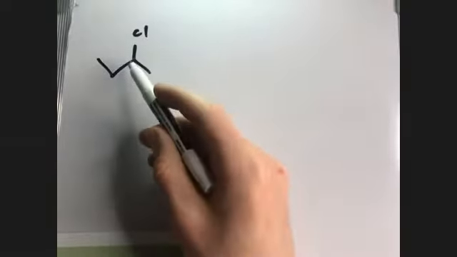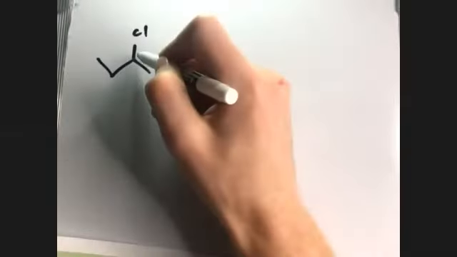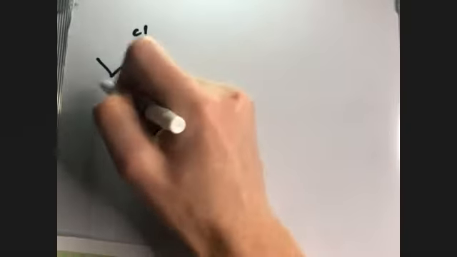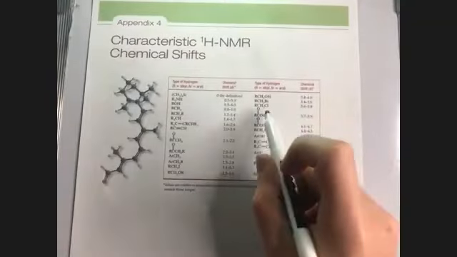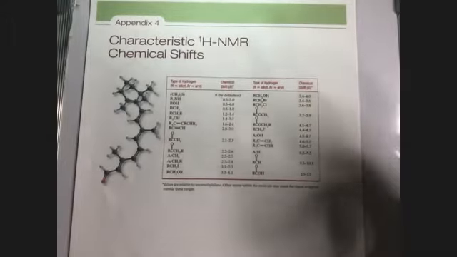We have a carbon bound to chlorine, everything else is not bound to the chlorine. So we would expect carbon 2, if we're staying consistent with what I showed before, to have the largest chemical shift, the most downfield. Looking at our sheet here, we would expect it to be around 3.7 or so.